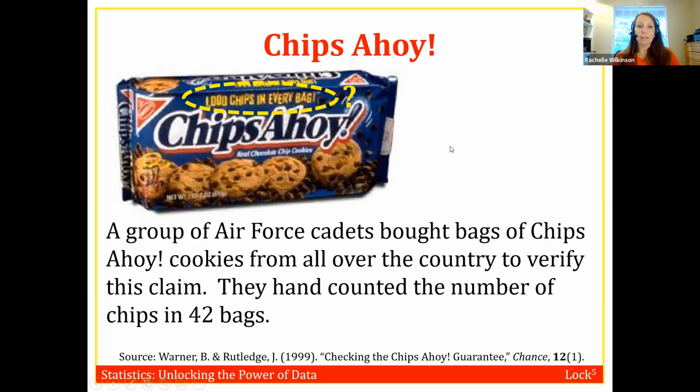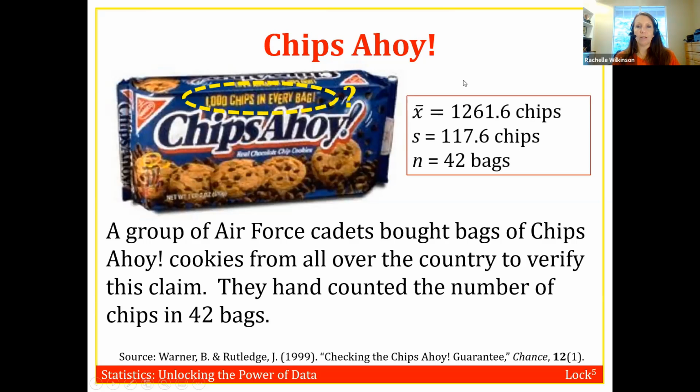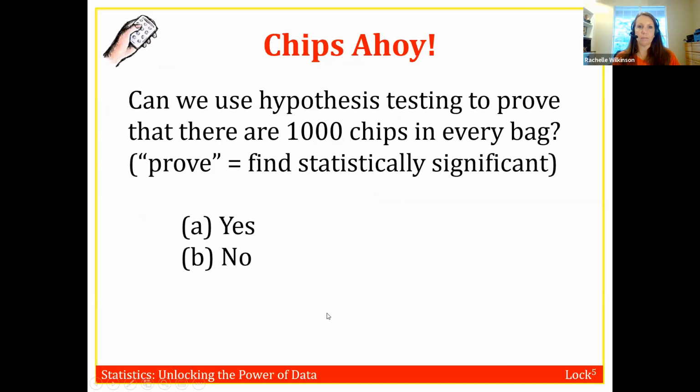So they bought bags of Chips Ahoy cookies from all over the country to see if they could test the claim. And then they hand counted the number of chips in 42 bags. So 42 was their sample size. And here was their data. They got a mean of 1,261.6 chips, standard deviation 117.6, and they looked at 42 bags of cookies.